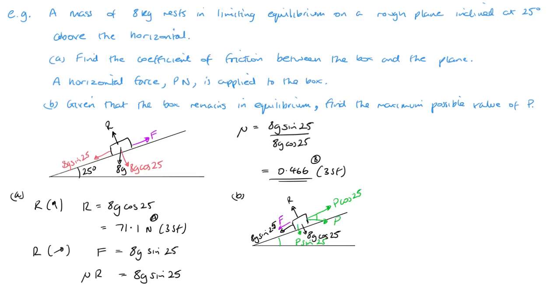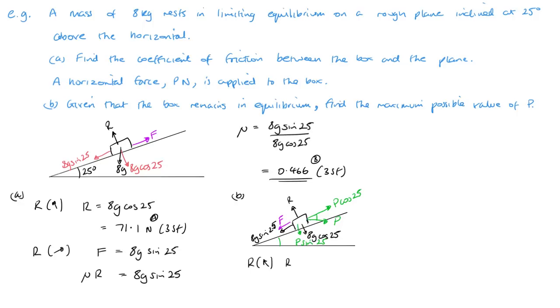So friction is now acting down the slope. Now, we found the coefficient of friction here, but we'll have a new value of R once this P is applied. So we have to work that out again. So now let's resolve perpendicular to the slope.